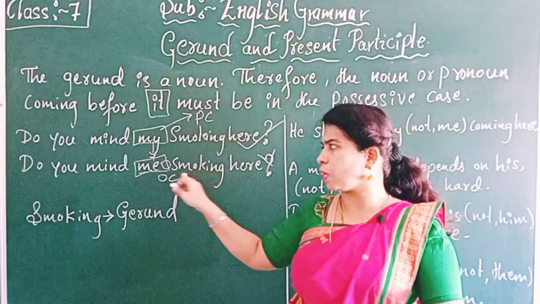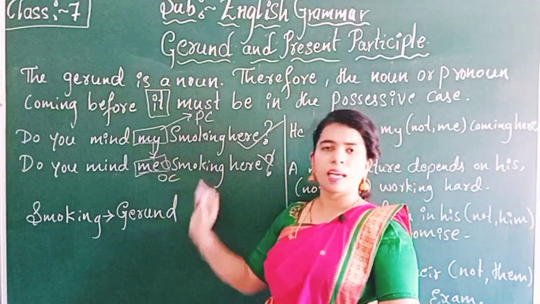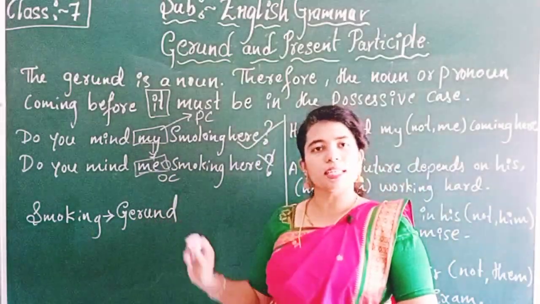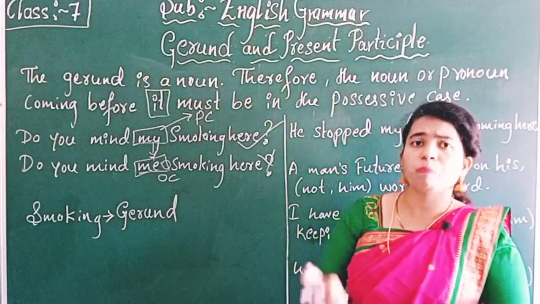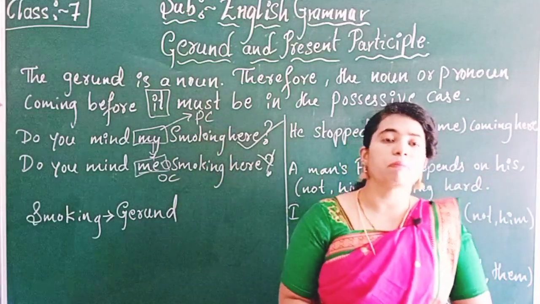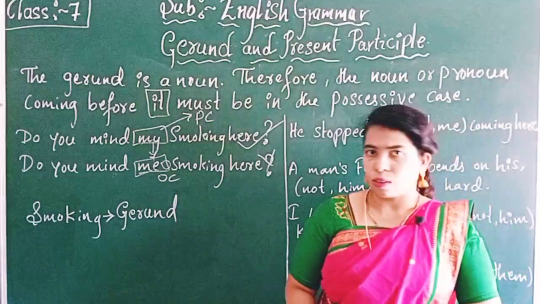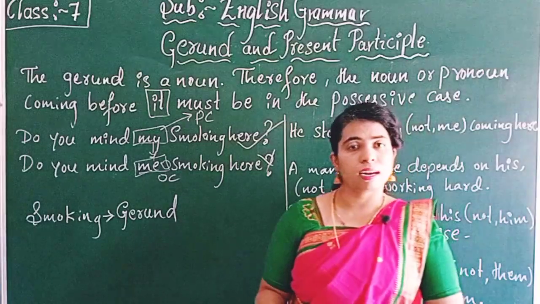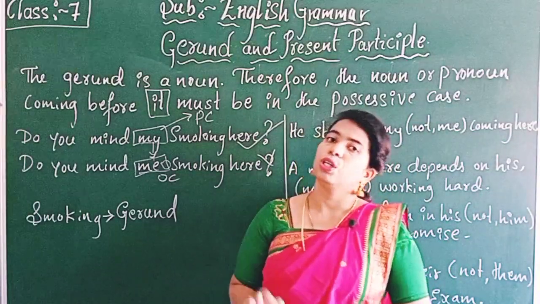Here also smoking, but me is wrong and my is correct. In both sentences, smoking is a gerund, in the sense that it is a noun. So before smoking, we have to use possessive words like my, our, his, her.